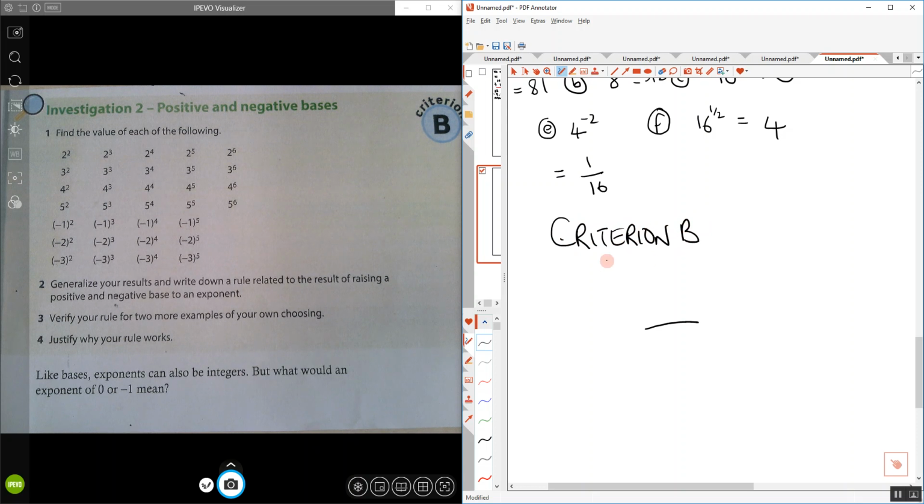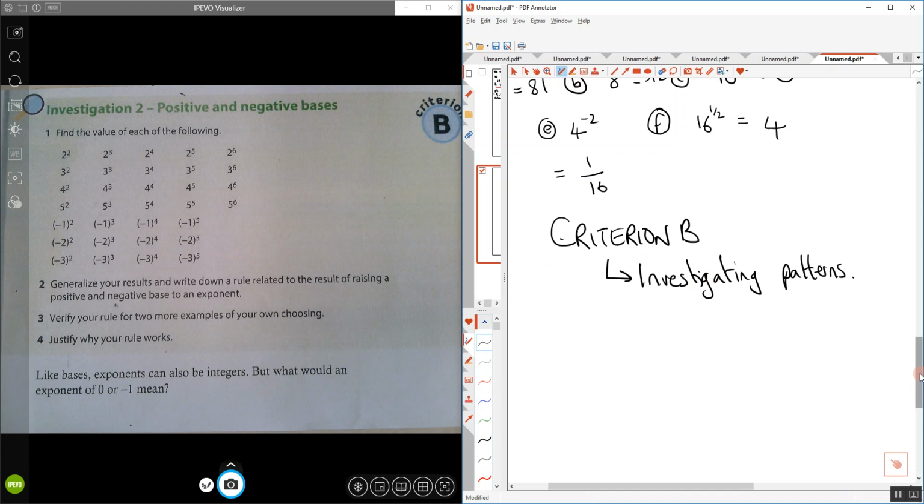It is investigating patterns. So this is just a little Criterion B, okay? And what you have to do is find the value of each of the following. So, 2 squared, 3 squared, 4 squared, 5 squared.